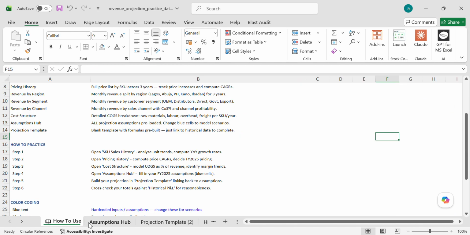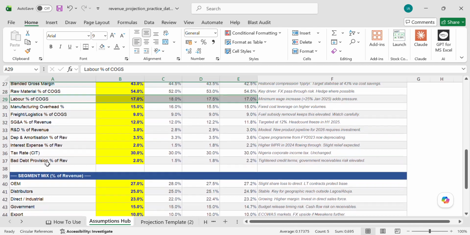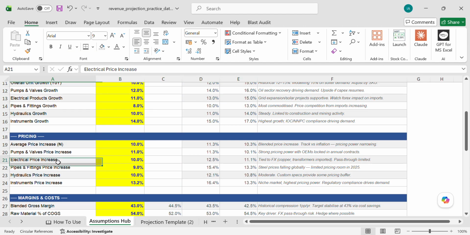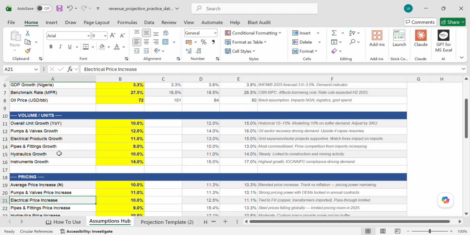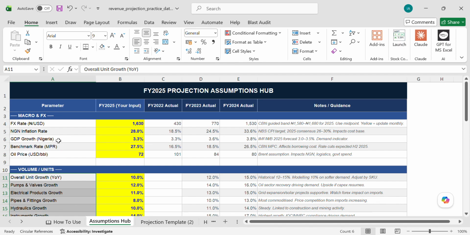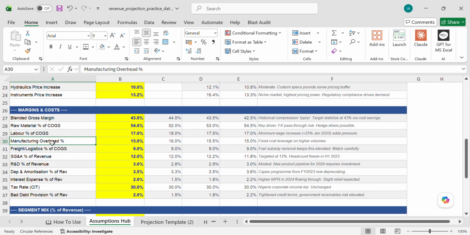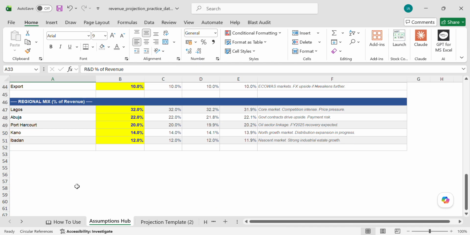So let's use the current year, which has been justified already. So let's see assumption. Well, it was not properly justified here. That's the reason why price volume. Okay, manufacturing overhead, logistics, some costs for your revenue, and all of that. So okay, we can also do that structure.